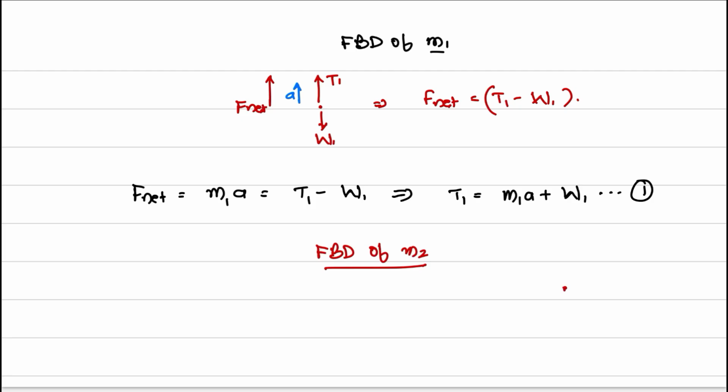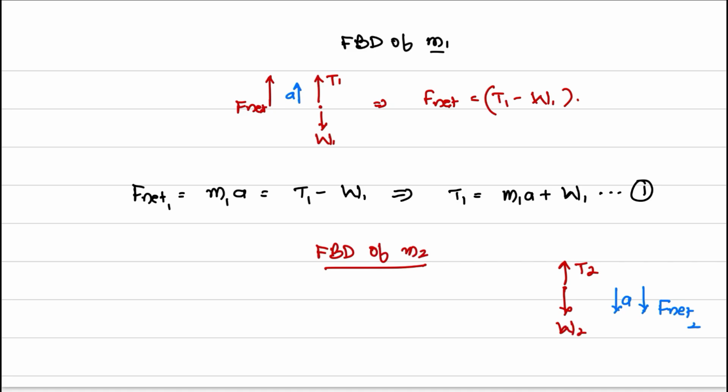Here there is W2 downwards towards the center of the earth, upwards is T2, and acceleration is downwards, hence net force is downwards. Net force is towards the direction of the motion. This is F net 1, this is F net 2.